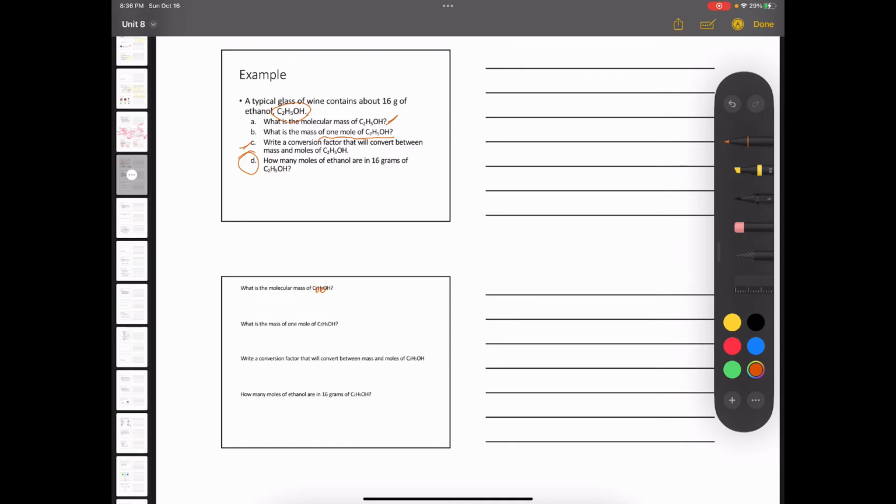For example, for the carbon within the ethanol, I need to multiply that by 2. So it's going to be 2 times 12.01 gram per mole. And then for the hydrogen, I will have to multiply the atomic mass for hydrogen by a factor of 5 because of the subscript that I have here, that is 5. So that's going to be 5 times 1.007.